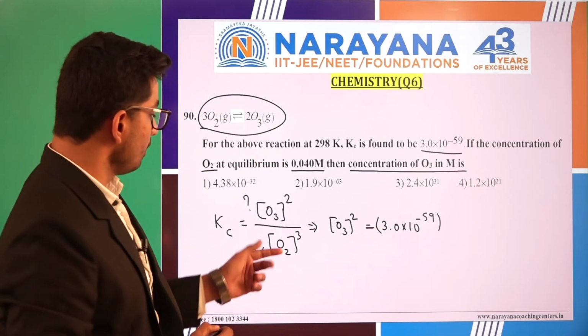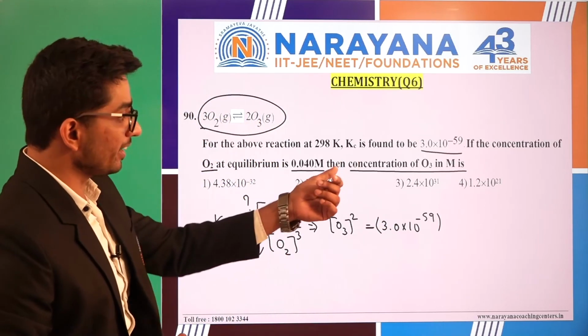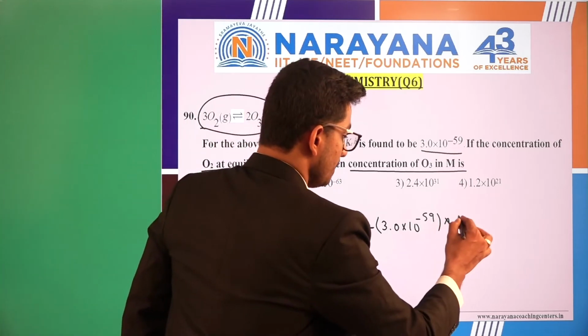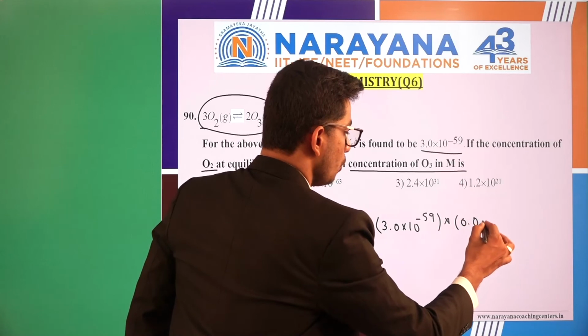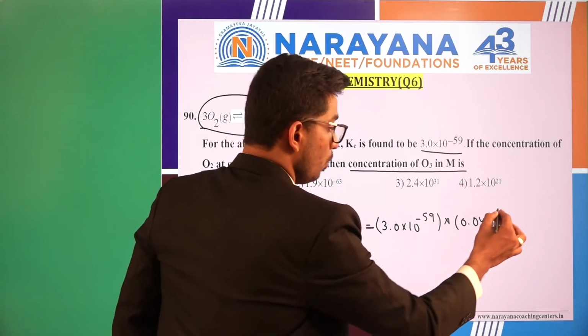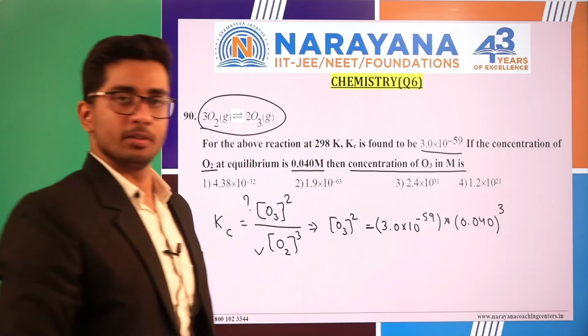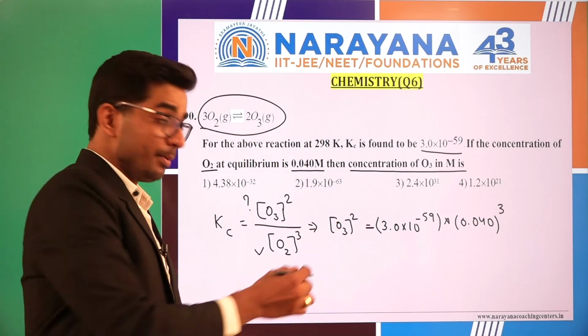and what is the value of O2 concentration? It is 0.040. So I am writing 0.040 whole cube. On solving this, remember this is square.